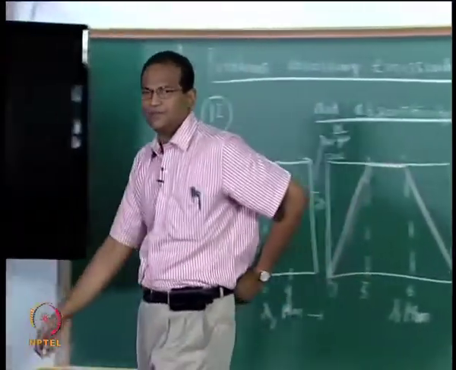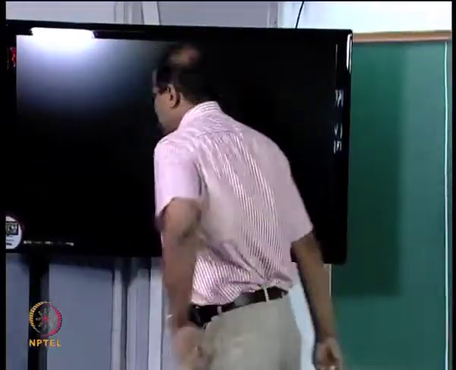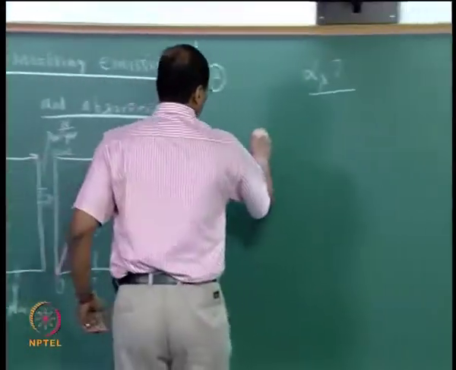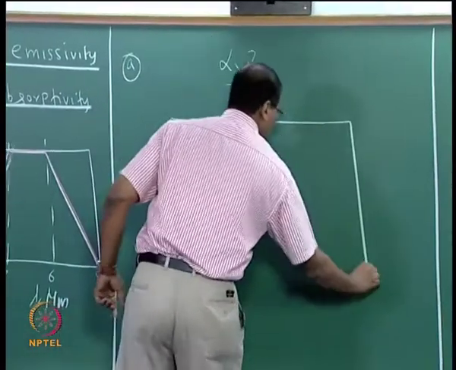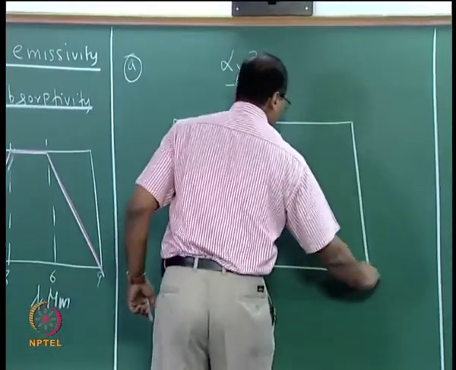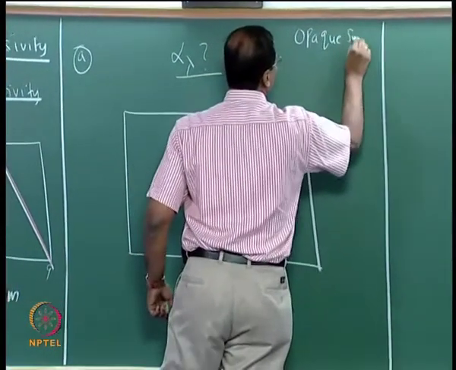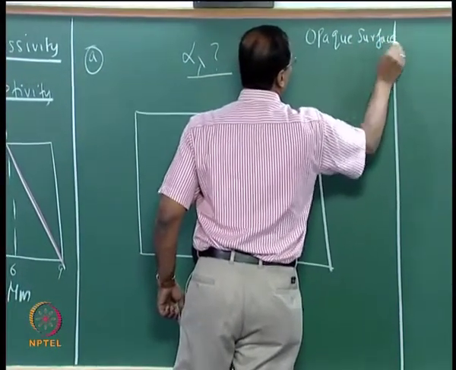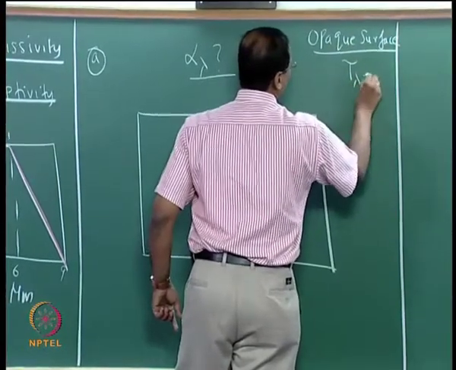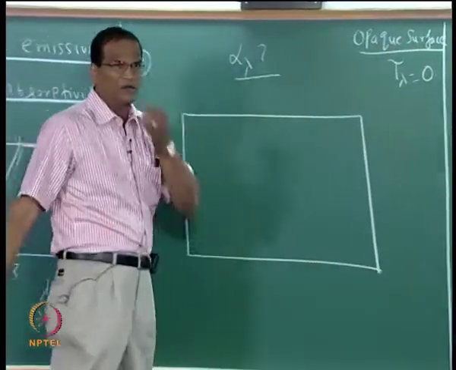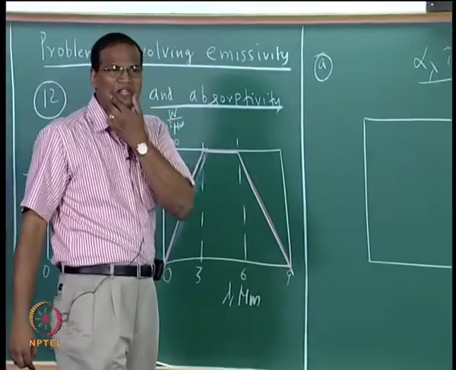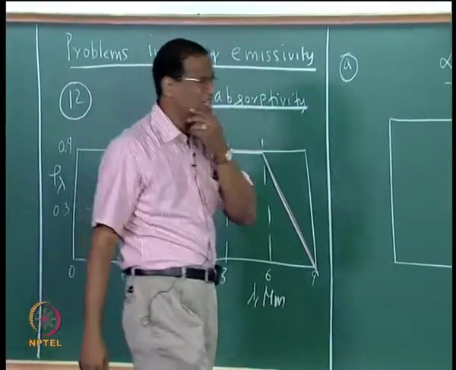Alpha lambda dash, correct? So, the solution is like this: opaque surface, tau lambda, there is no transmissivity, nothing comes out of the surface.